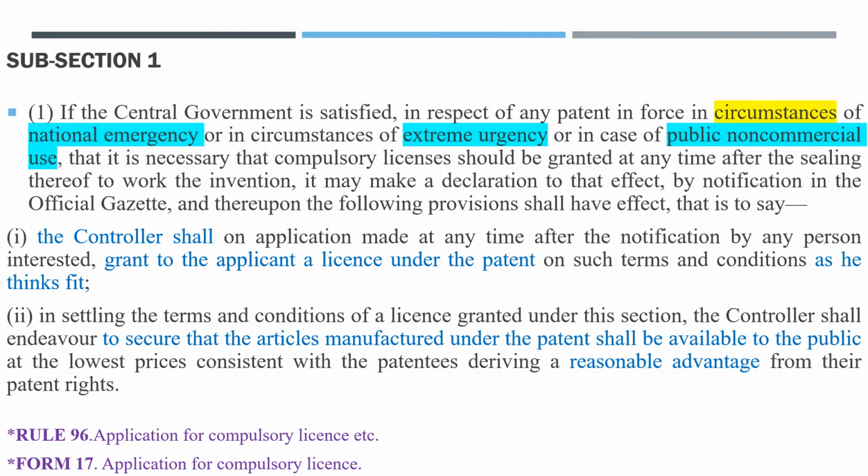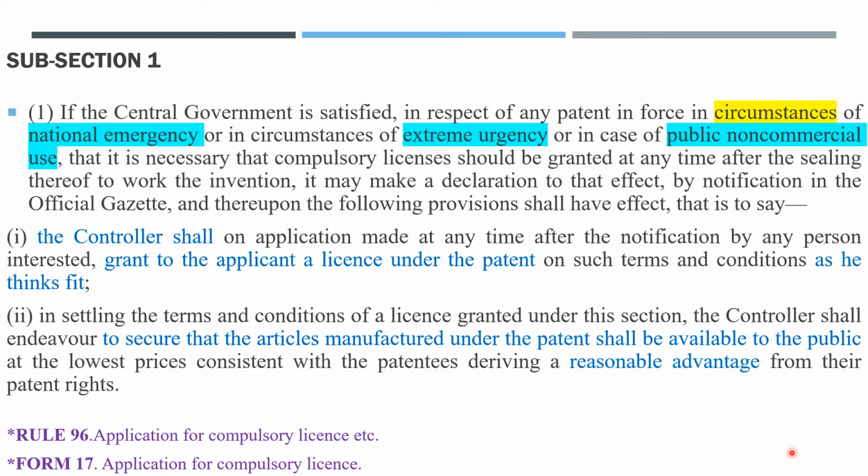Subsection 1 says: if the central government is satisfied, in respect of any patent in force, in circumstances of national emergency or in circumstances of extreme urgency or in case of public non-commercial use, that it is necessary that compulsory licenses should be granted at any time after the sealing thereof to work the invention, it may make a declaration to that effect by notification in the official gazette, and thereupon the following provisions shall have effect.